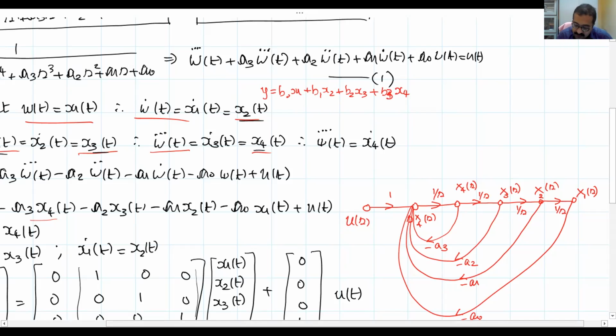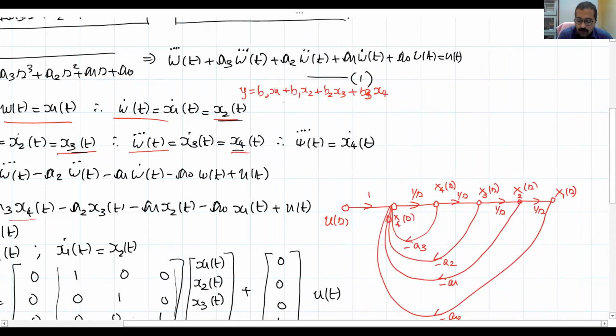Now you see, what is the output? Output must be sum of all these signals. There should be a signal coming from x1, from x2, from x3, and from x4.